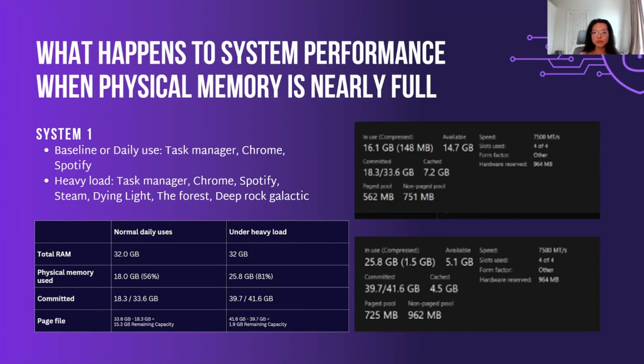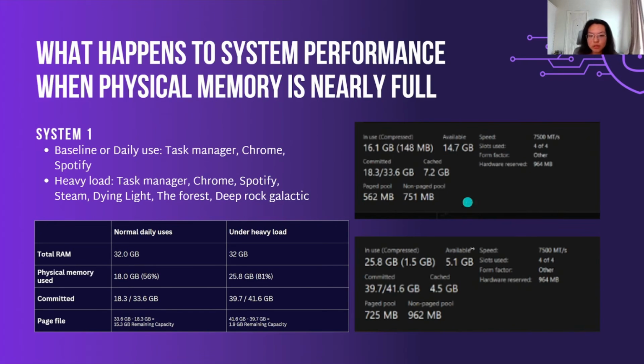What happens to system performance when physical memory is nearly full? For this one, we tested using 2 different laptops, with a baseline or daily use and a heavy load. For the first system, for daily use, we open Task Manager, Chrome, and Spotify. Under heavy load, we open Task Manager, Chrome, Spotify, Steam, Dying Light, The Forest, and Deep Rock Galactic, which are quite heavy games.